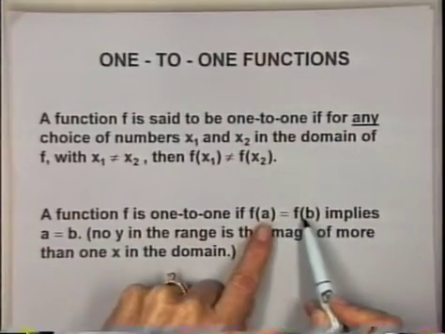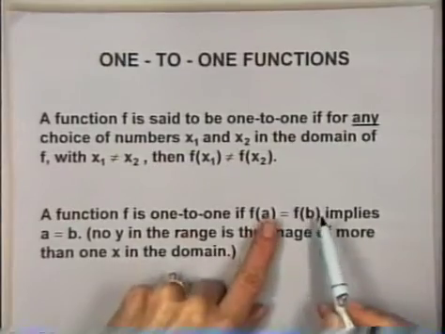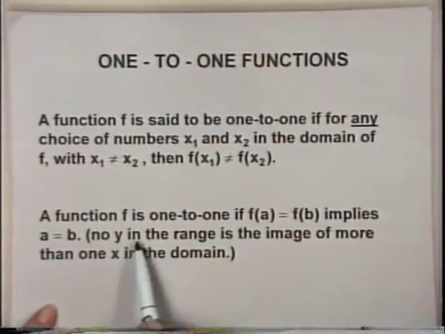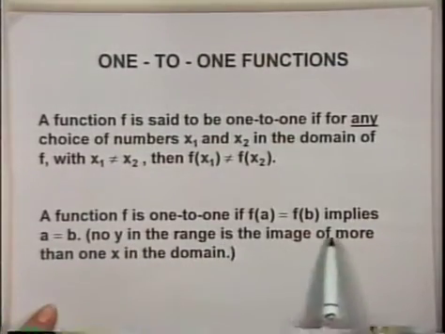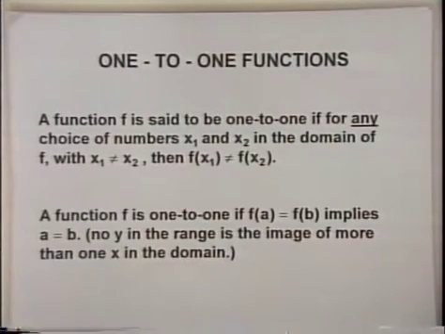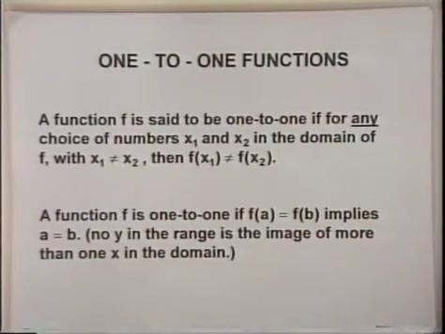If I have the same y value, this says these x values that I substituted in also have to be the same. In other words, no y in the range is the image of more than one x in the domain. If you study these definitions, you'll see that basically they're saying the same thing we said earlier. Each y has only one x associated with it.